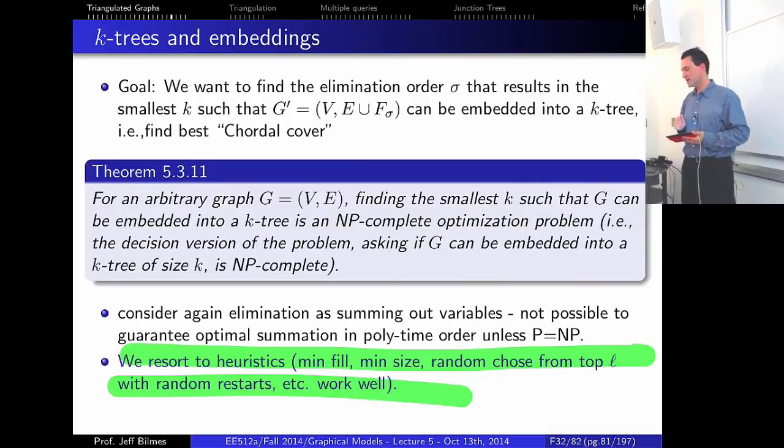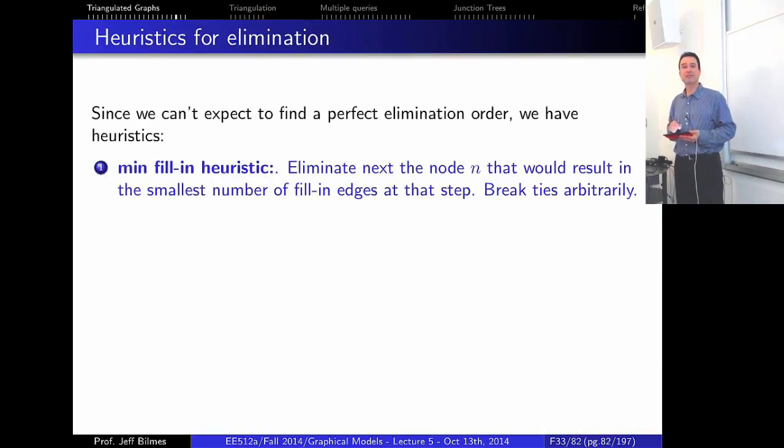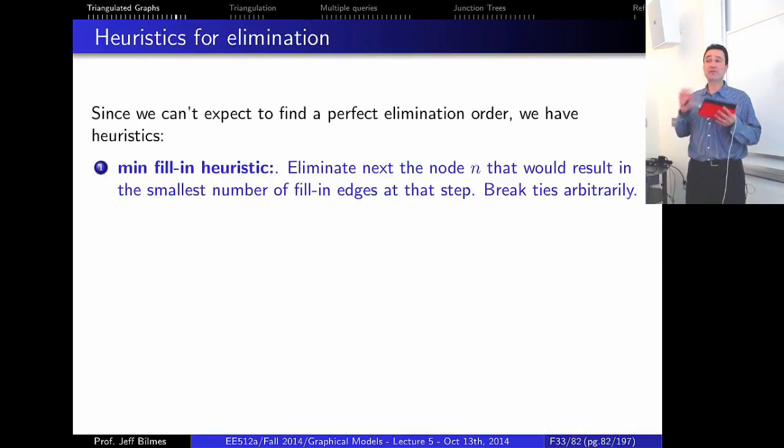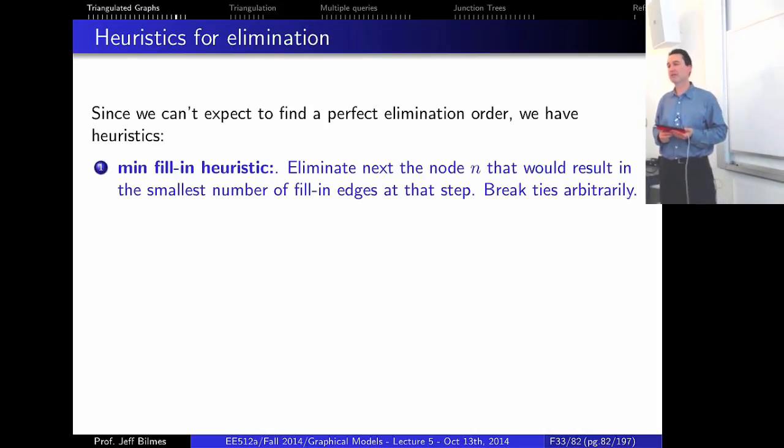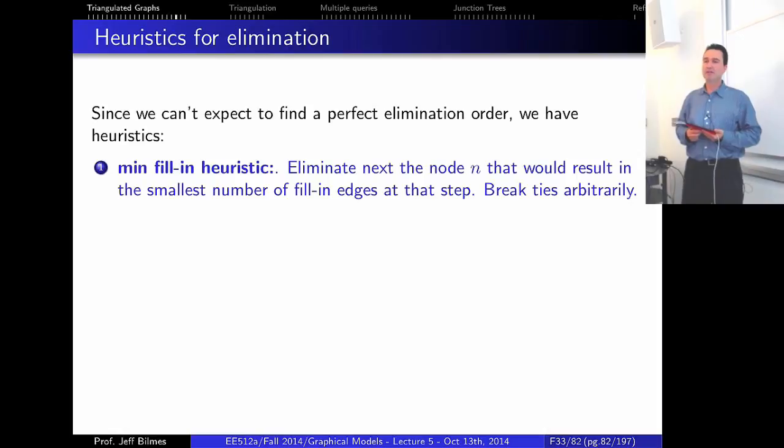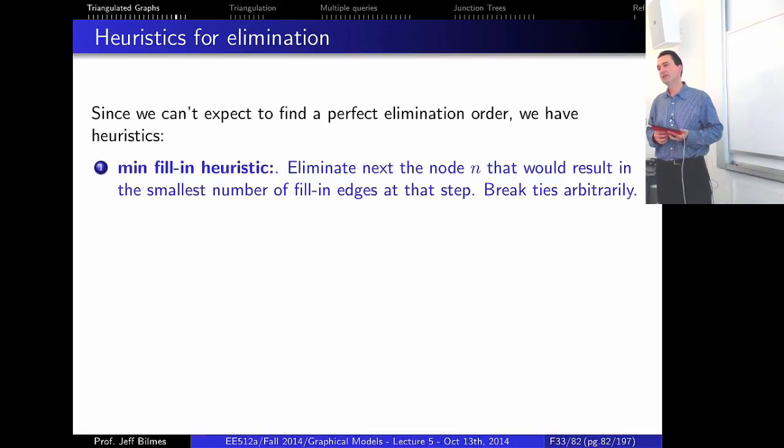So we're back here now at this notion of heuristics for graph triangulation. There are a number of different heuristics that people use, and these are very widely used for a variety of reasons. The first one is called the minimum fill heuristic. These are all in some sense greedy algorithms. So what is a greedy algorithm?